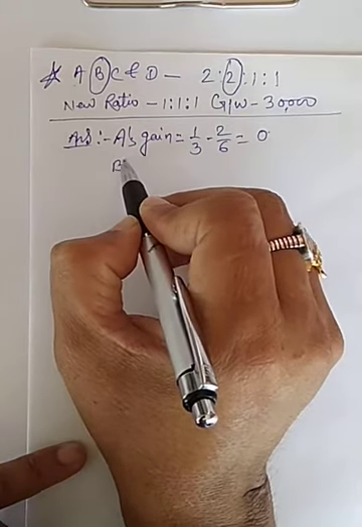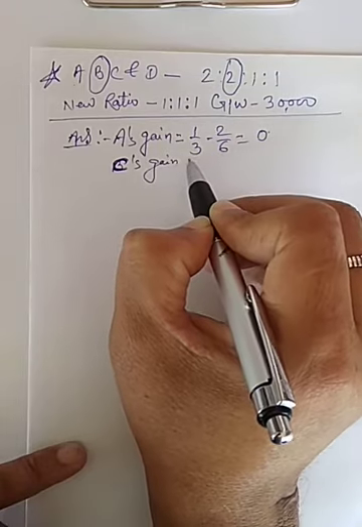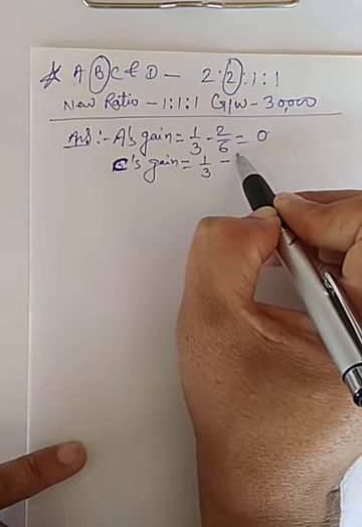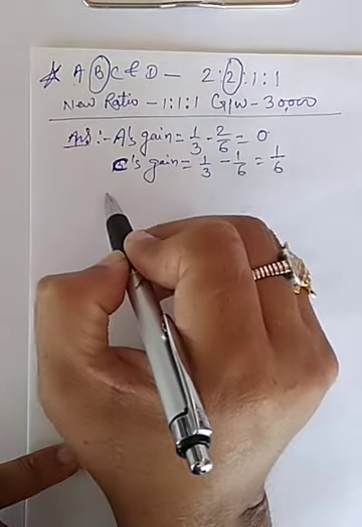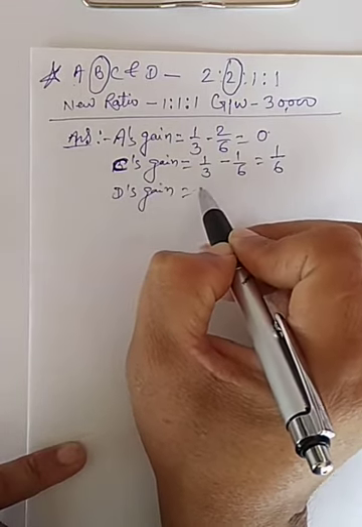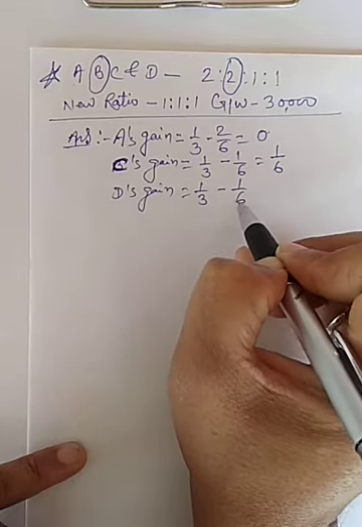C's gain equals 1 by 3 minus 1 by 6. It will be 1 by 6. D's gain equals 1 by 3 minus 1 by 6.